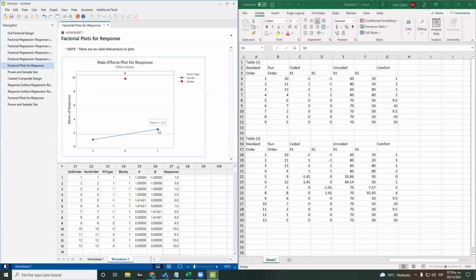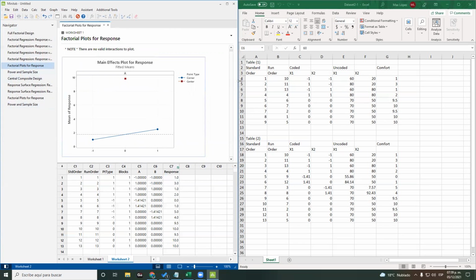Therefore, it just mattered the level of A, and we saw that the higher the level of A, which was 80, the higher the response that it yielded.